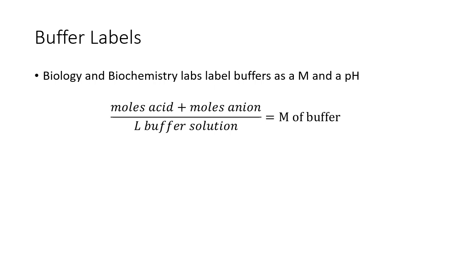Here's what they do. If you add moles of acid to moles of anion and you divide by the liters of buffer solution, that is what they report as the molarity of the buffer. Now, higher molarities mean higher buffering capacity. So the molarity gives the relative buffer capacity when you get that bottle in the lab.